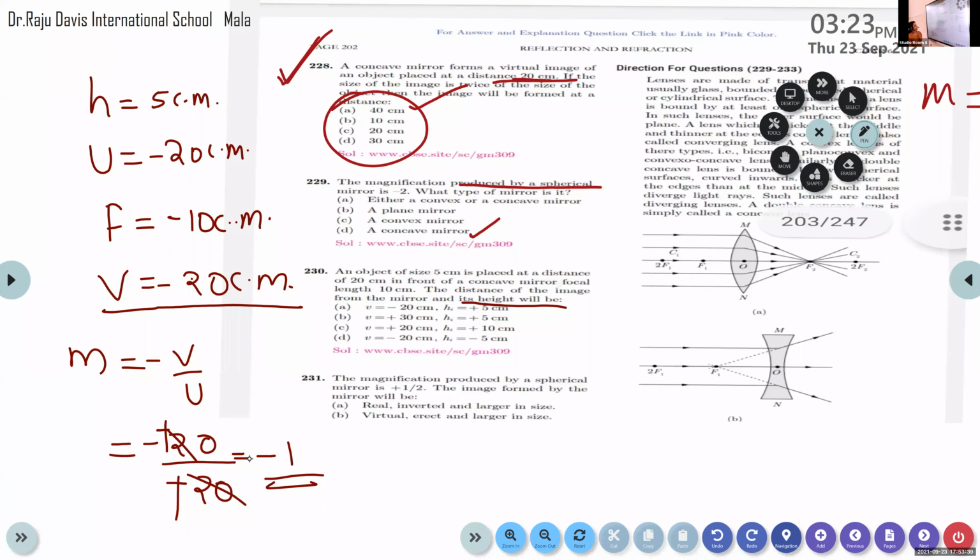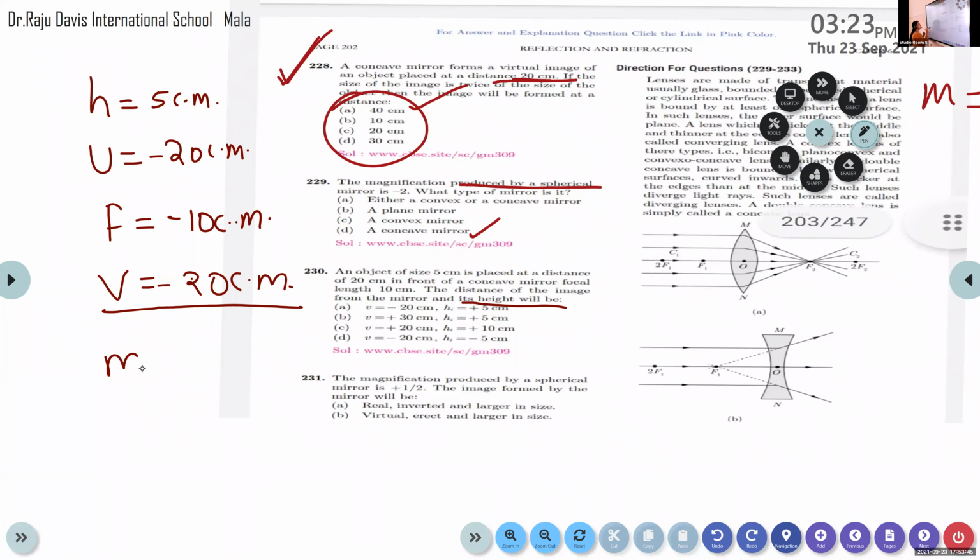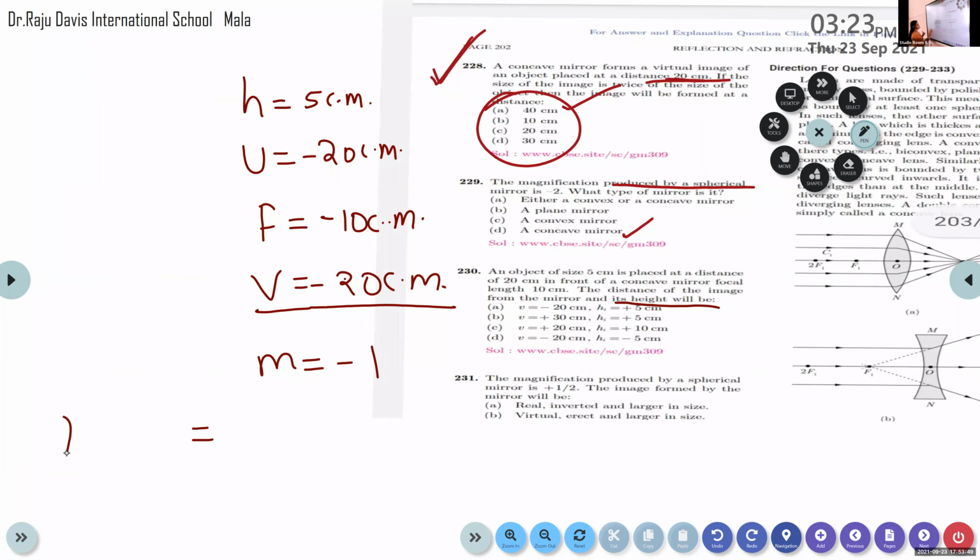Again, how can we calculate the height of the image? Magnification M is equal to negative 1, which implies we can calculate the height of the image using the equation M is equal to height of the image divided by height of the object, M is equal to H dash by H. So magnification is minus 1, that is equal to H dash, the height of the image, which is unknown.